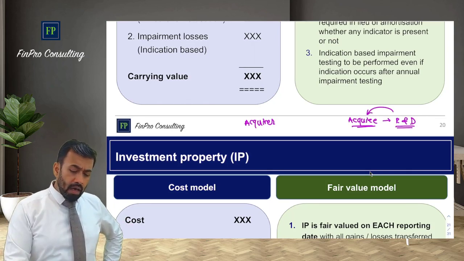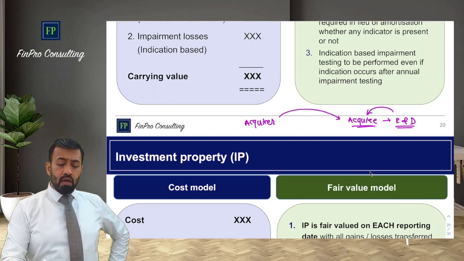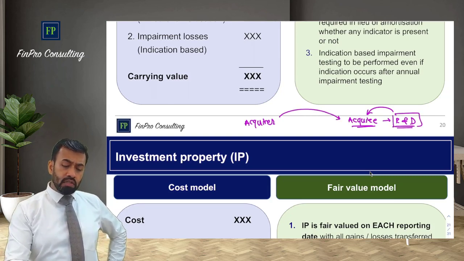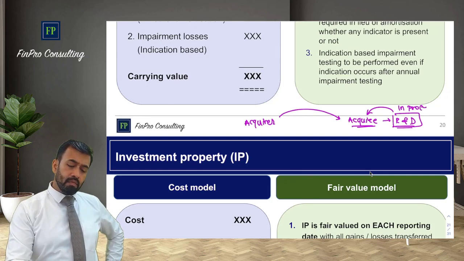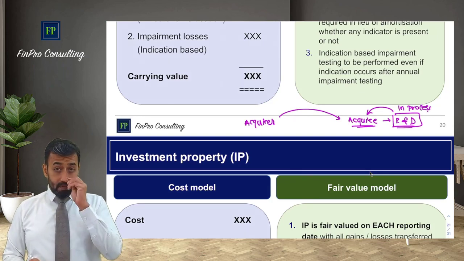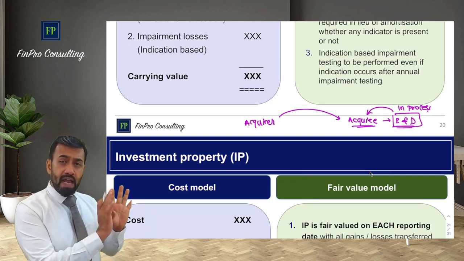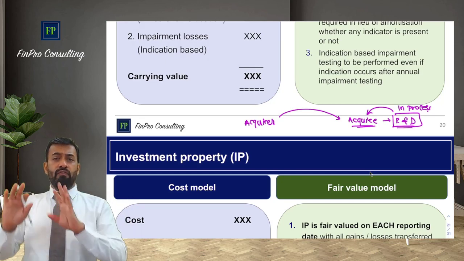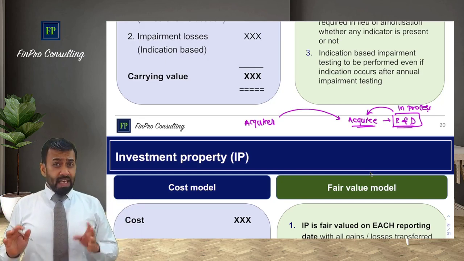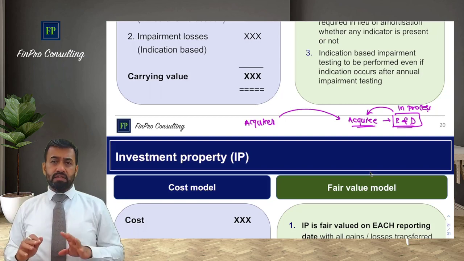However, the acquirer has paid a certain amount to the acquiree for in-process research and development. Till then, the acquiree has expensed the entire expenditure to the profit and loss account. He has not been eligible to capitalize this.